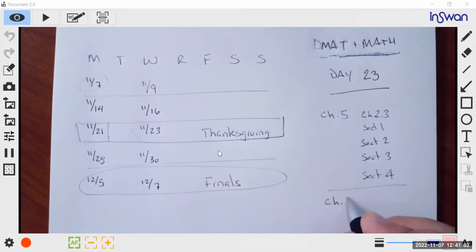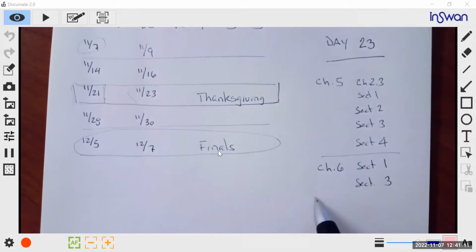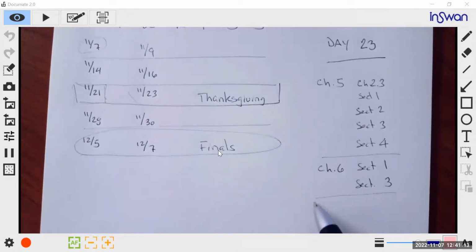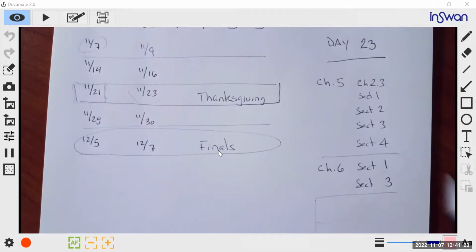And then chapter 6, we only have 2 sections in there. And if we do chapter 7, 8, and 9, or 7 and 8, that comes later on. If we don't get to it, we don't get to it. But as long as we get to chapter 6, that's the only thing I'm really worried about.